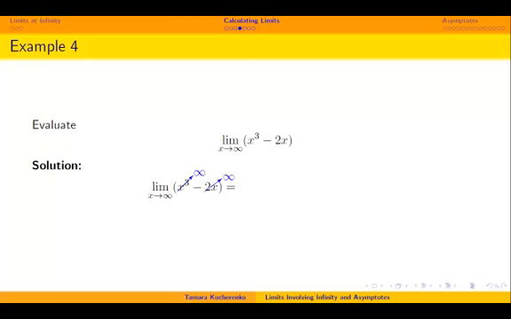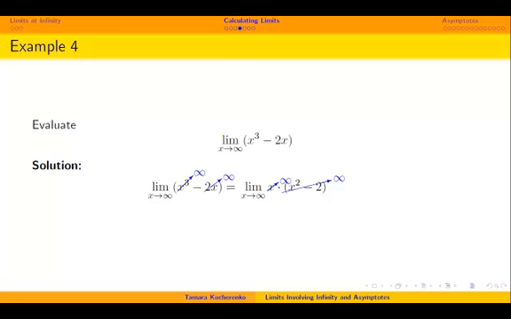Here, both terms have a common factor x. Factoring out x, we obtain x times (x squared minus 2). x approaches infinity, and x squared minus 2 also approaches infinity, because when x is large, x squared is even larger, and negative 2 will not make much of a difference.